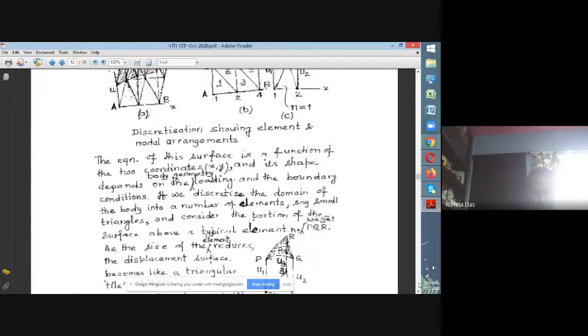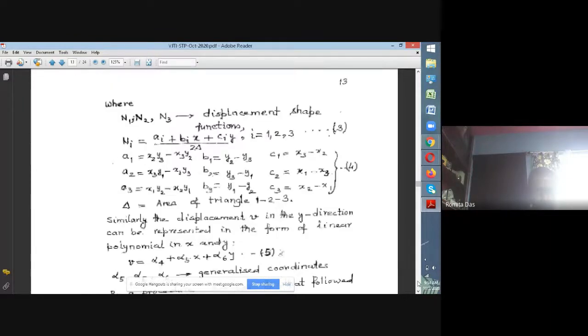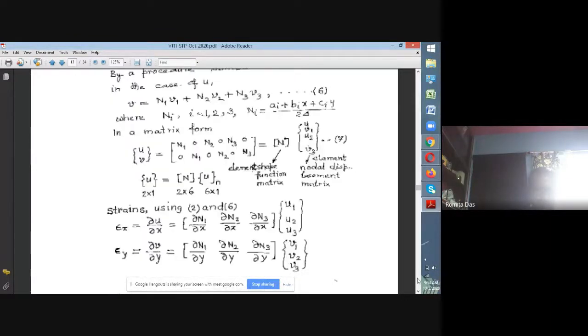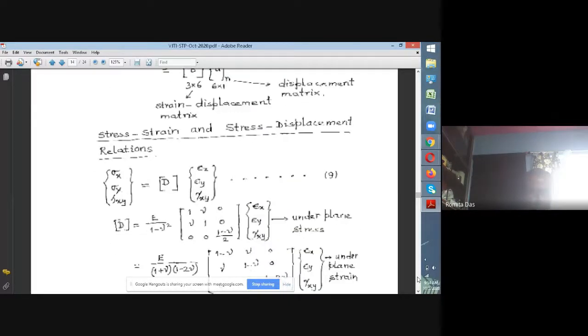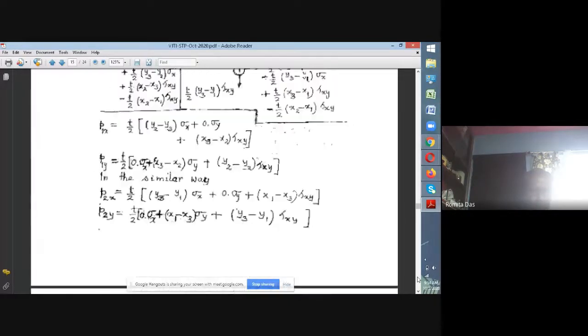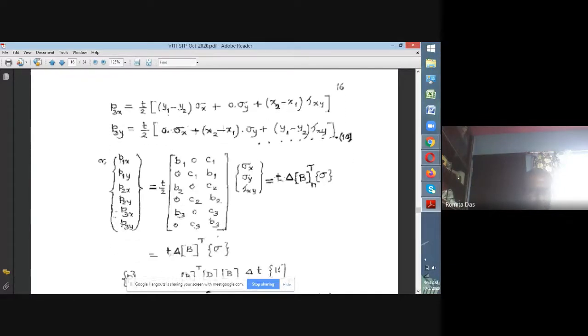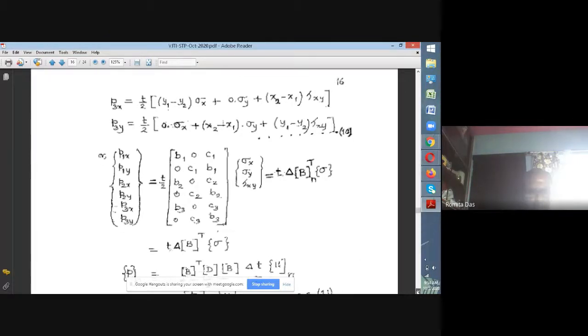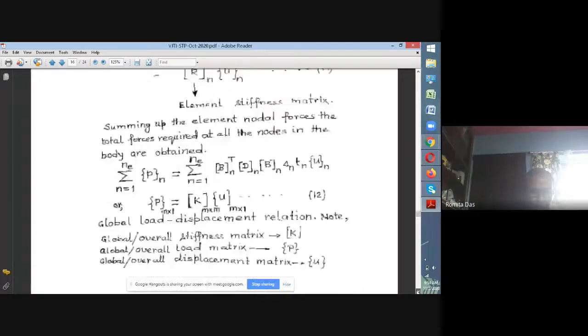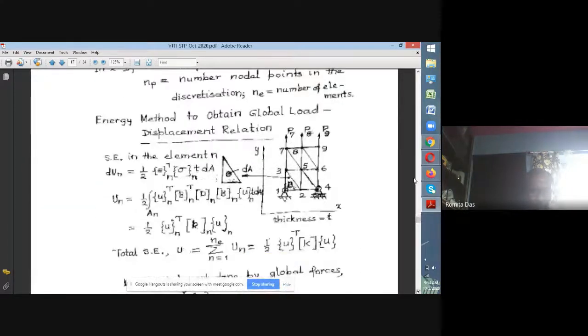If we look carefully, the B matrix is going to be given by all these constants. Let me move forward. This is the B matrix, the expression 1 by 2 delta multiplied by this. Let us look into it once more.